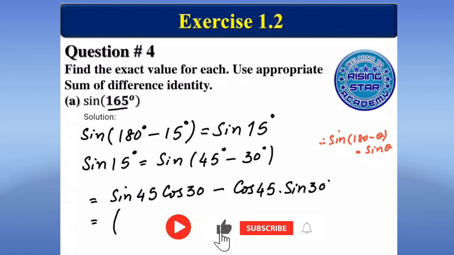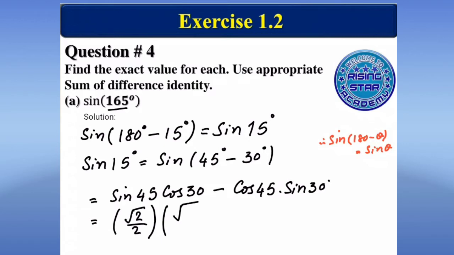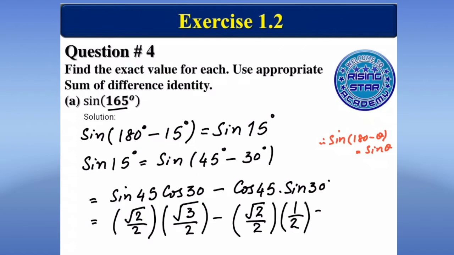Sine 45 is square root 2 over 2 and cos 30 is square root 3 by 2. Cos 45 value is square root 2 by 2 and sine 30 value is 1 by 2. Now we can simplify.